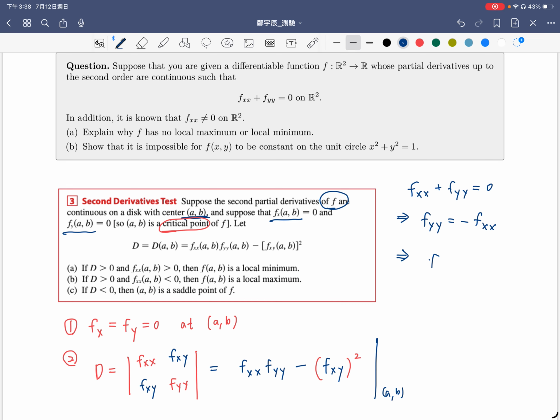Therefore, in fxx times fyy, we can replace fyy by negative fxx. So fxx times negative fxx is negative fxx squared.